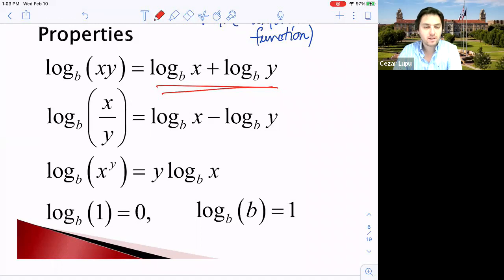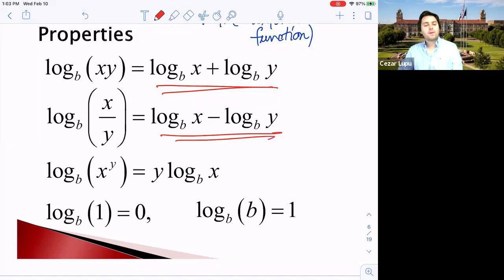Guess what? It will take the quotient and transform it into a subtraction. So log in base b of x over y will be log in base b of x minus log in base b of y. That's quite expected.